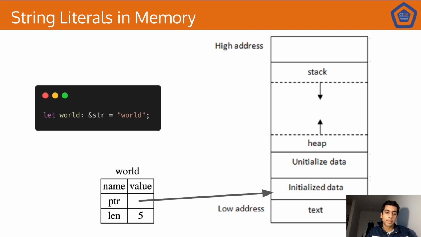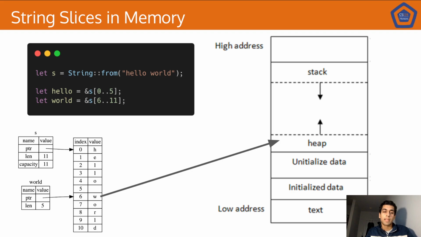And so again, I want to reiterate, when you're taking slices, you're taking a reference to this string. And so in memory, s and world would live on the stack because they're stack variables. And this pointer would most likely refer to some data on the heap. So this entire character array would live in the heap here.